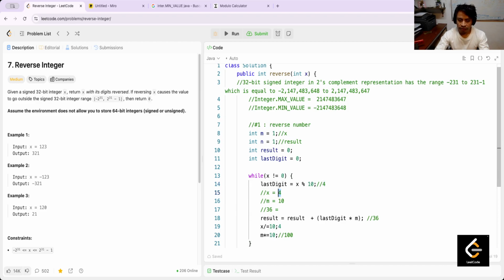Now result is 36 plus last digit, that is 4, multiplied by 100. This is equal to 400 plus 36, which is 436.